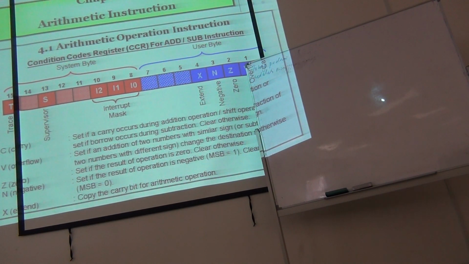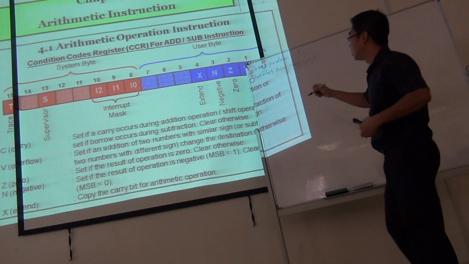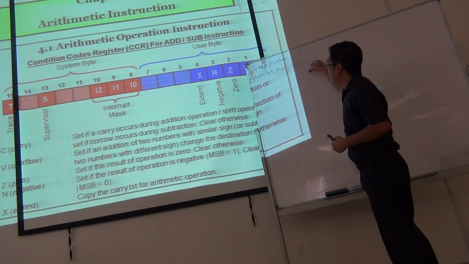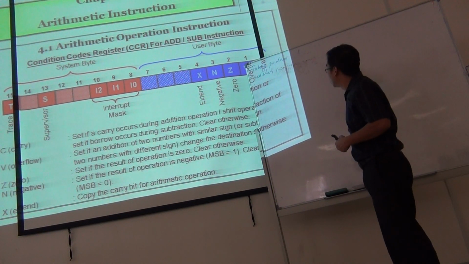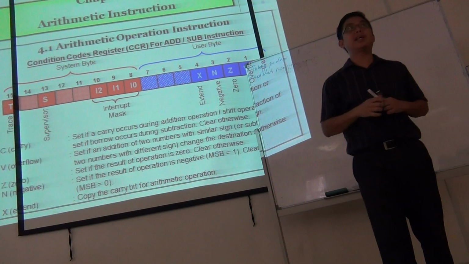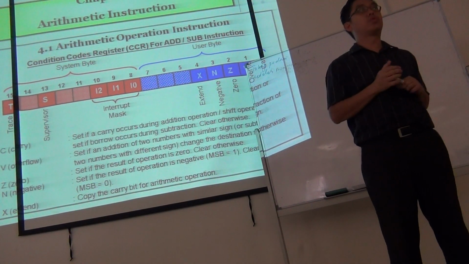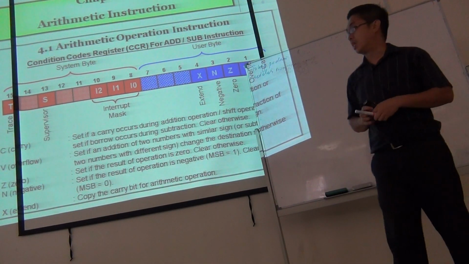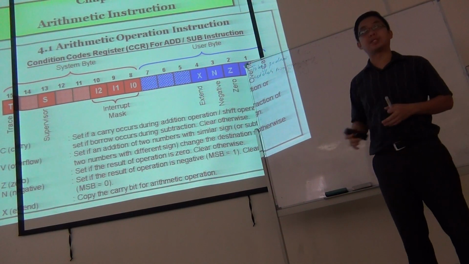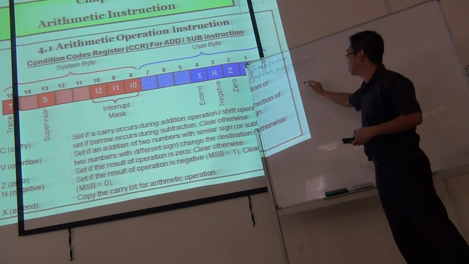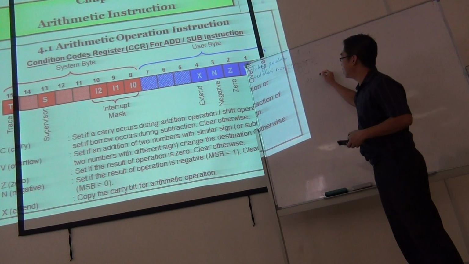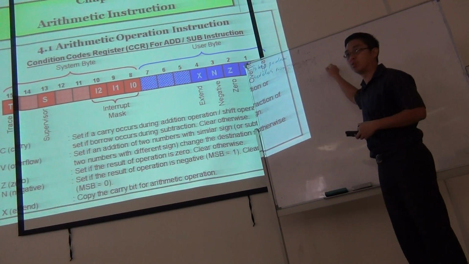So when I say it is set, it is equivalent to 1. Then what did it say? Clear otherwise. Clear means equivalent to 0.